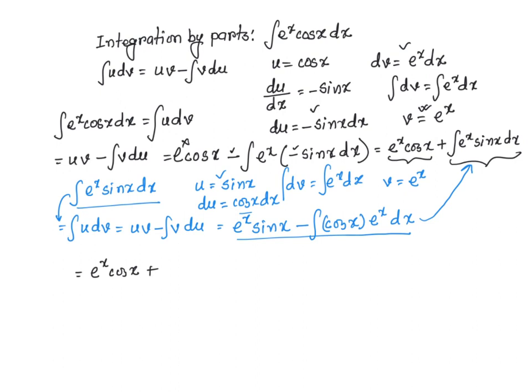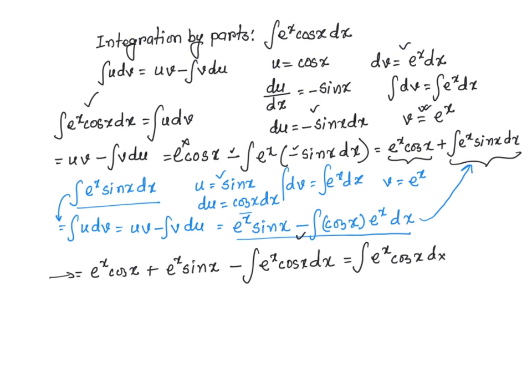Plus this, which is going to be e to the power x sine of x minus integral e to the power x cosine of x dx. Now please keep in mind this whole expression came from this integral e to the power x cosine of x.